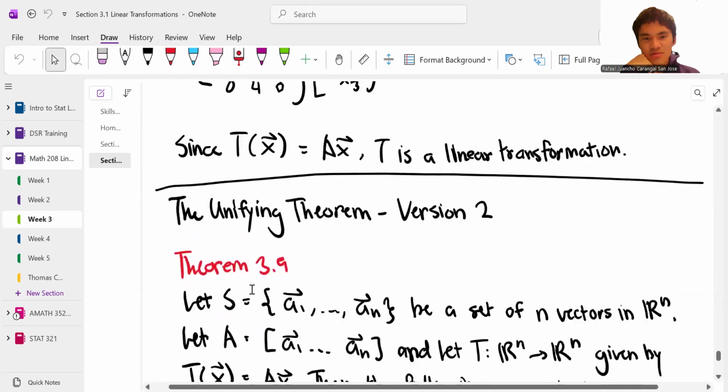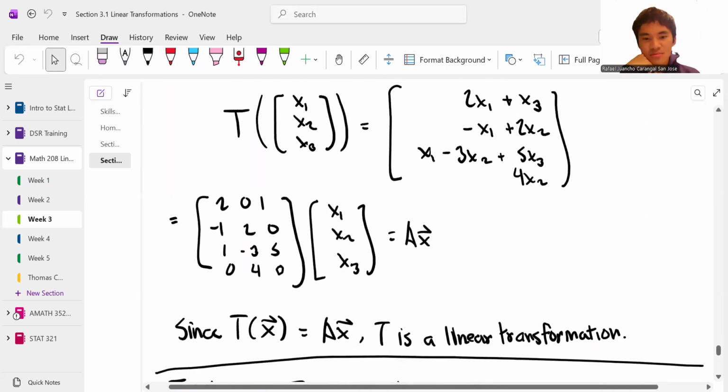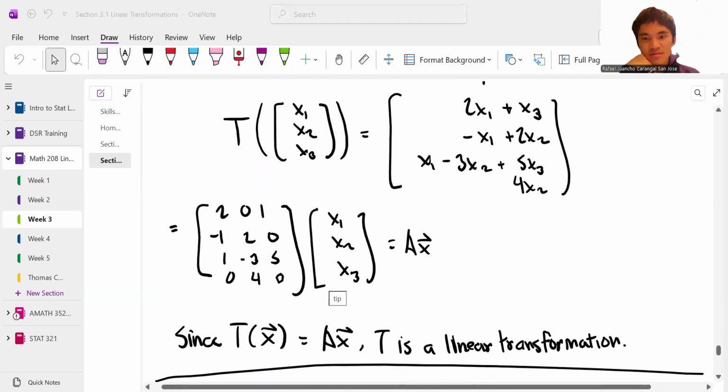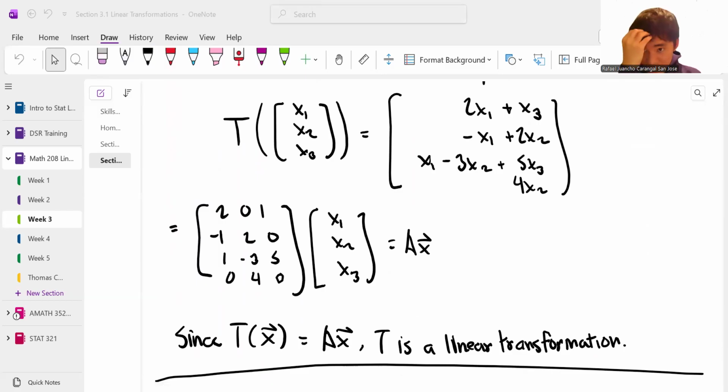If T is onto, what does that mean? T is onto means that there's a pivot in every row. So if there's a pivot in every row, I actually don't know what that means.